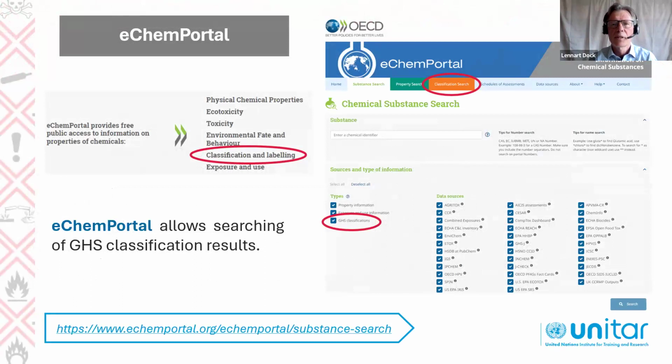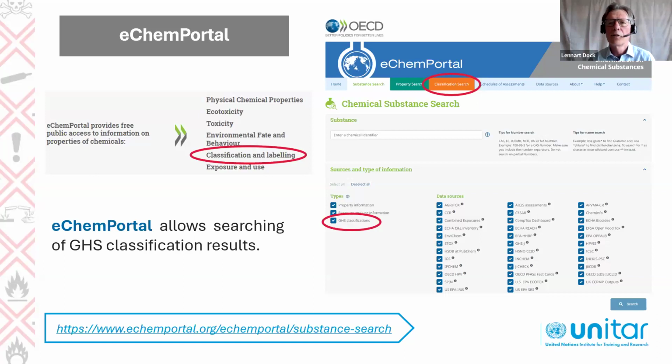Also, in the material that has been provided by UNITAR: if you have this globally harmonized system, you should have a globally harmonized inventory of hazardous substances, wouldn't you? It's a nice idea, but there is no global classification list.